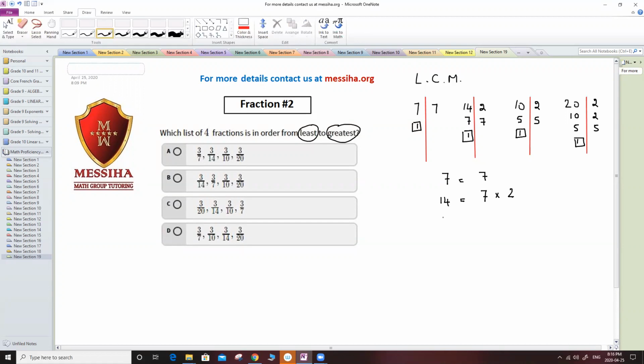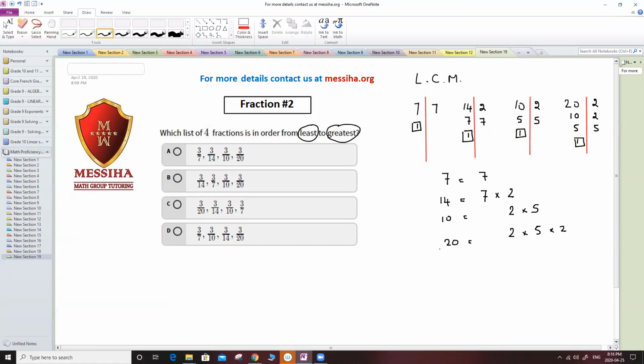After that, the 10. 10 equals 5 times 2. I cannot add 5 under the column of 7, but I can add 2 under 2, and after that times 5. After that, the 20, it's 2 times 2 times 5, the 2 under the 2, the 5 under the 5, and unfortunately here I cannot add the second 2, so I will add it here.